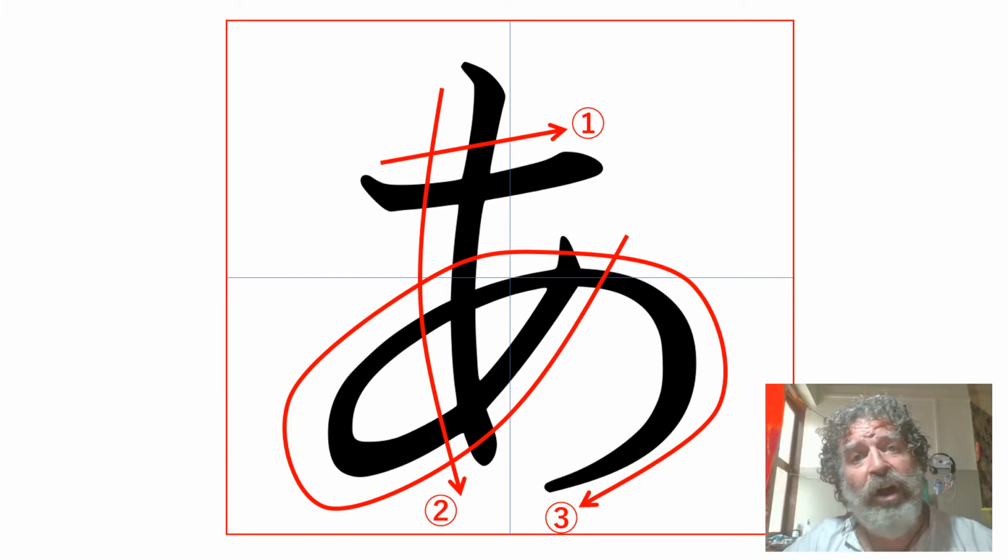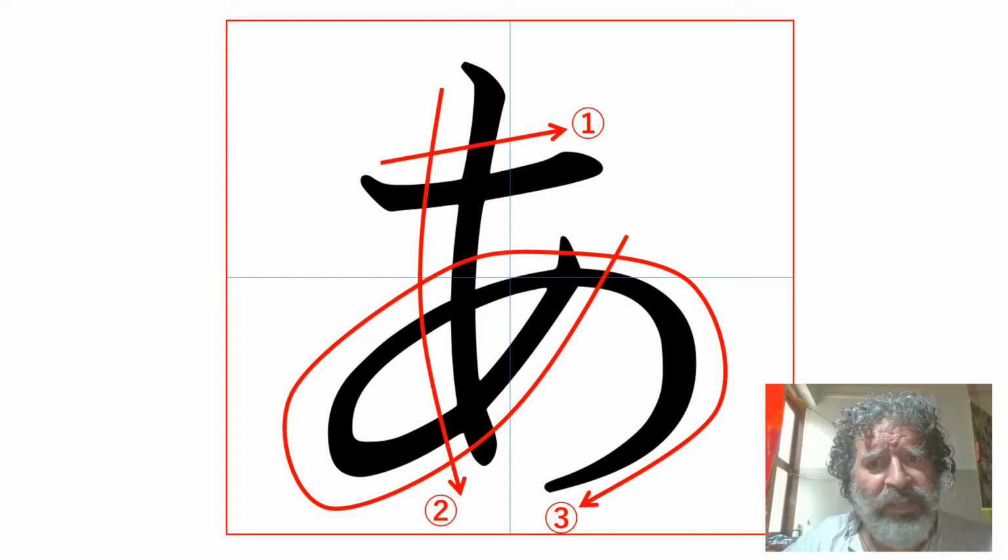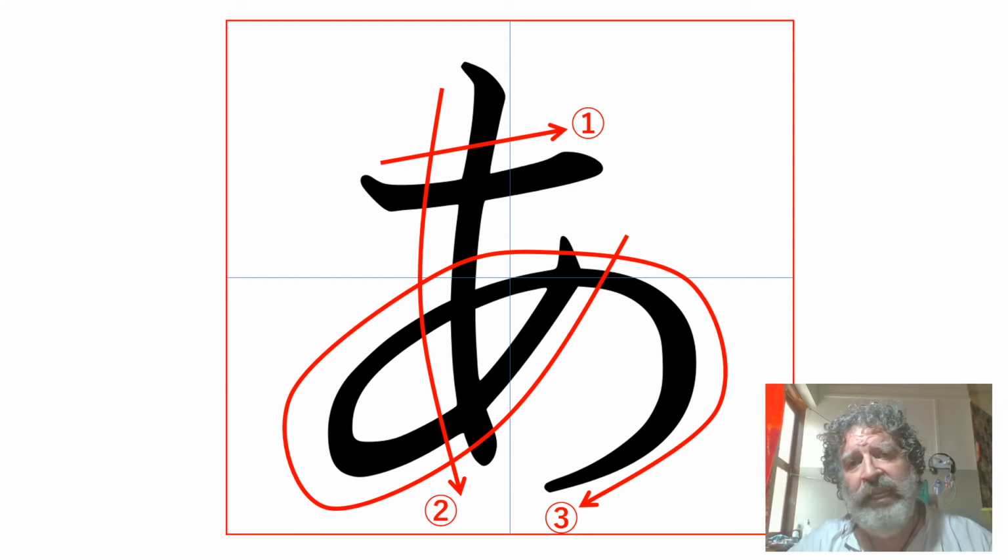I got this off of Wikipedia. This is publicly available, open source material, I think they call it. And to me, these are one of the most beautiful examples of a Japanese font because they have a lot of the brush writing characteristics. Freely available on Wikipedia.